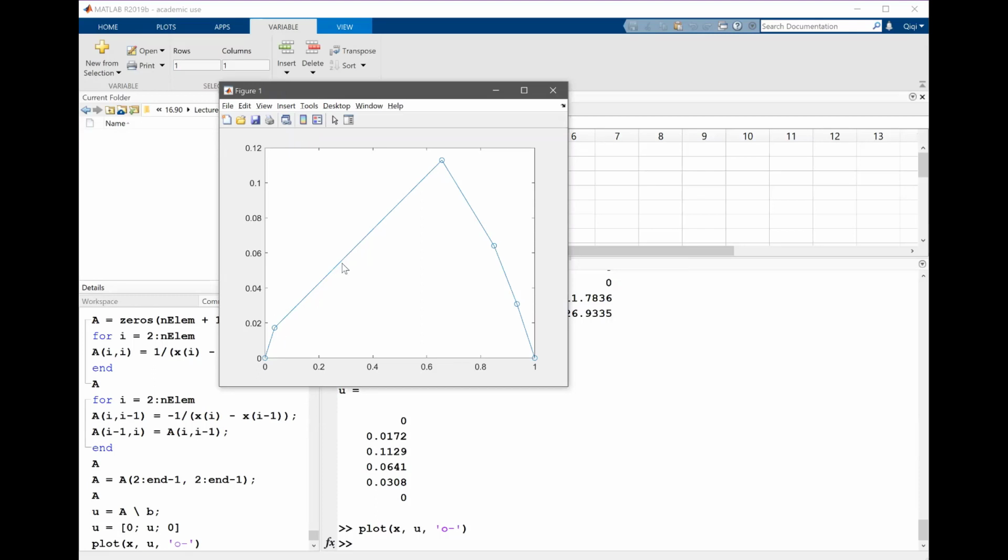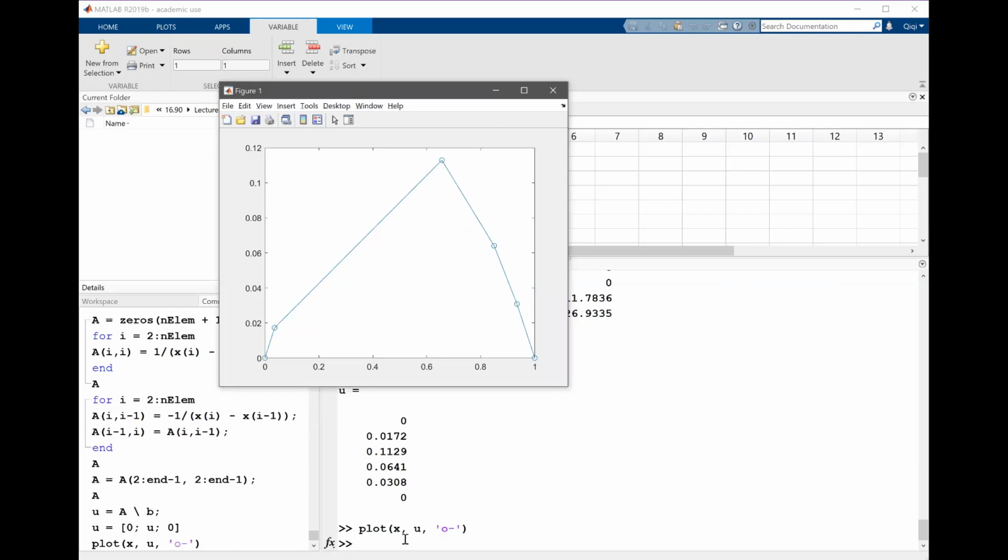This is our numerical solution. Although we're just plotting the grid values, we know the solution is a piecewise linear function between the grids, in the elements. So just connecting the dots gives us the exact form of the solution. So this is our approximation to the parabola.